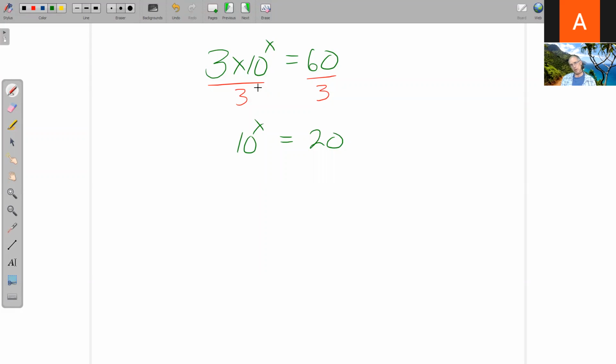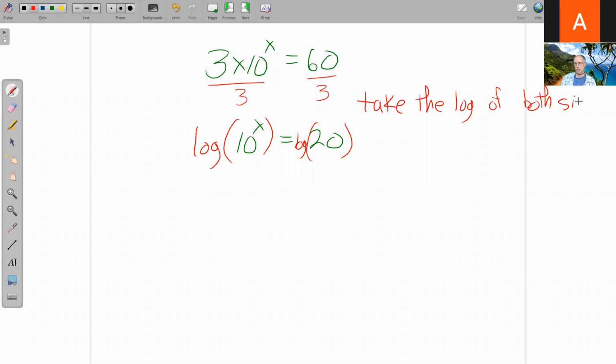And then, just like I can divide both sides by 3 or multiply both sides by something, what I can do next is write log parentheses on each side. It has to go on the left side because that's the way the calculator writes it. This is what's called taking the log of both sides. And it is really much like dividing both sides by 3 or adding the same number to both sides.